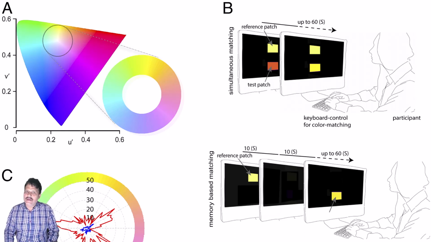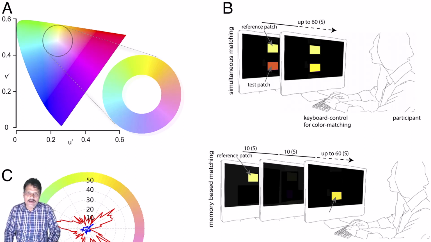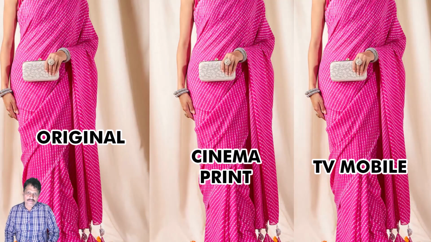They carry the saree with them and ask the shopkeeper to hold the saree next to the blouse piece and match the color, because human color memory is very weak. So even though you are seeing a different blue color on the TV, you don't feel it, because you only feel it when you bring the actual saree and hold it next to it.